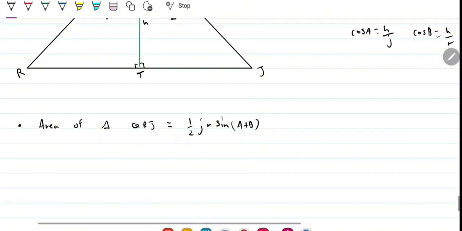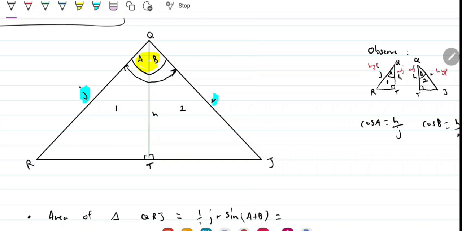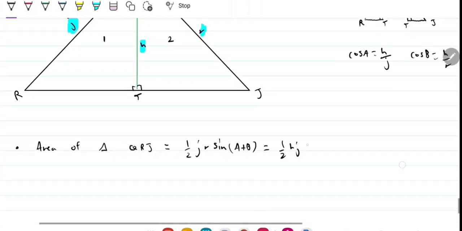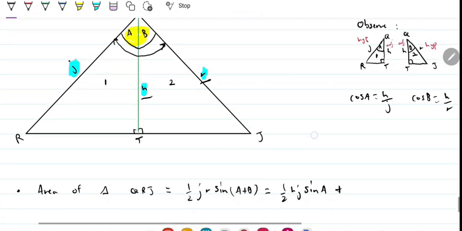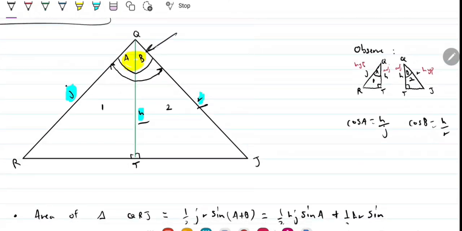So this is also equal to the area of triangle 1, which is half of HJ times sine A, because we're focusing on triangle 1, plus the area of triangle 2, which is half of HR multiplied by sine B.